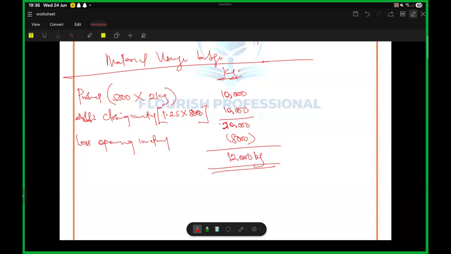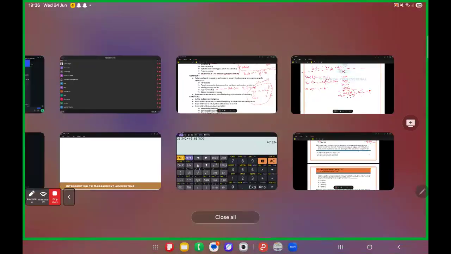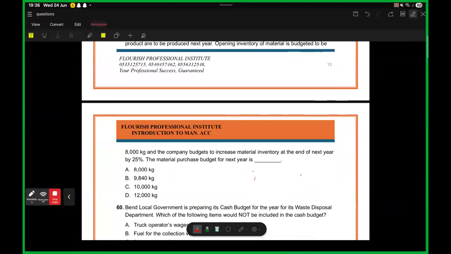If they give you the price per unit of material, then you multiply by the price to get the material purchases, the materials you will purchase. But since they have not given the purchase price, this will be the material usage. So let's check for the answer there. The material purchase budget for the next year should be D.